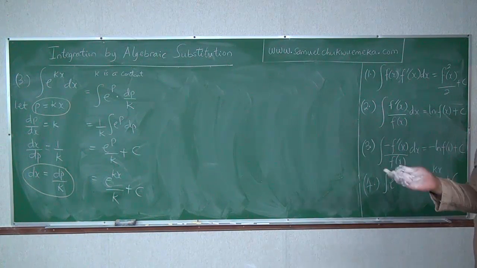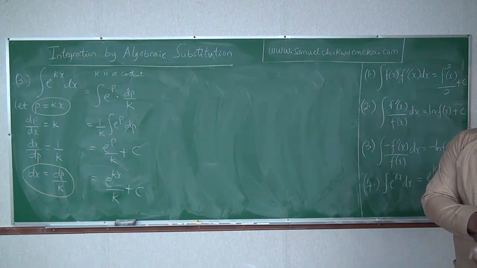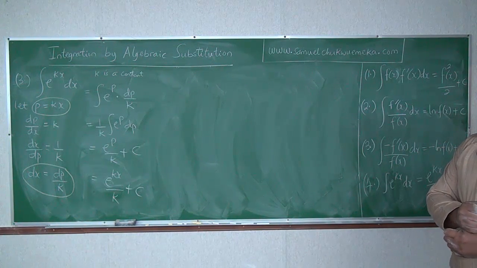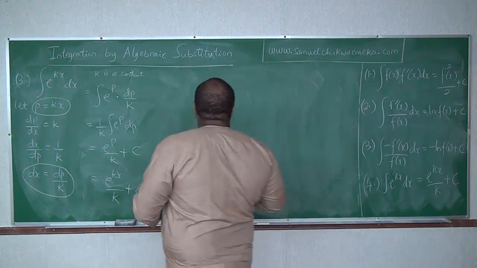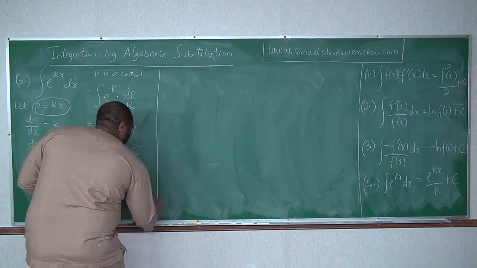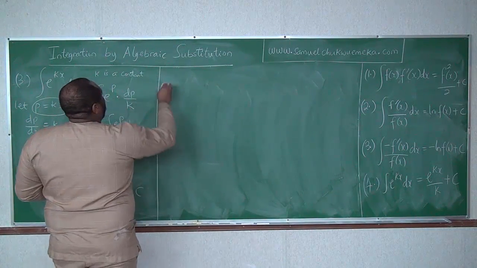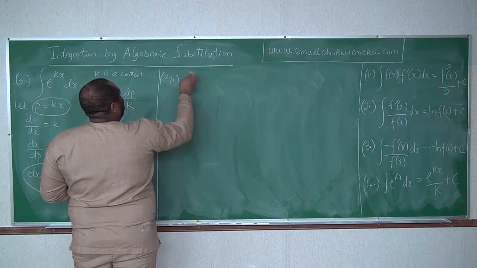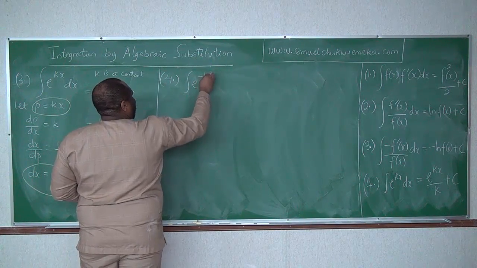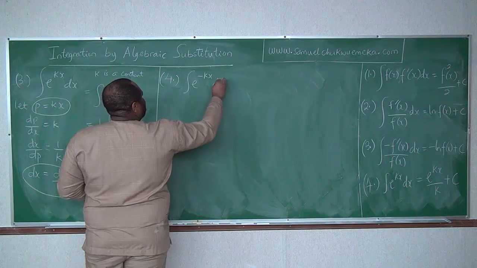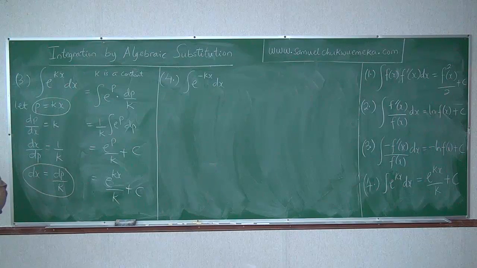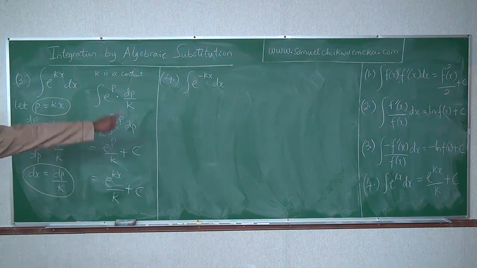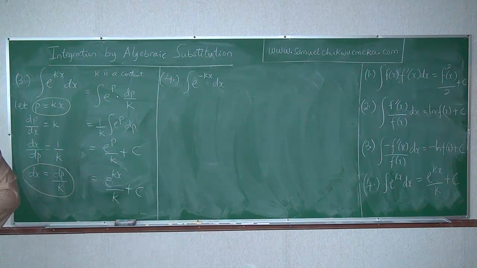Now, can you pause the video at the moment and try this one, then we can look at some examples. If we have the integral of e to the negative kx dx, where k is a constant, can you pause the video and tell me what this will be by algebraic substitution?